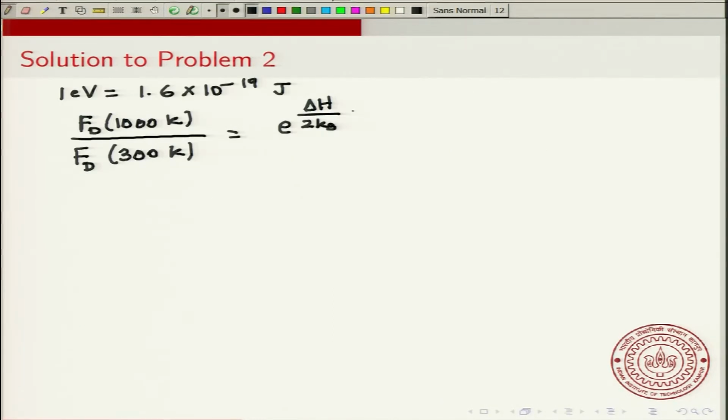So this difference is 0.00233. So let me calculate this delta H by 2 Kb.